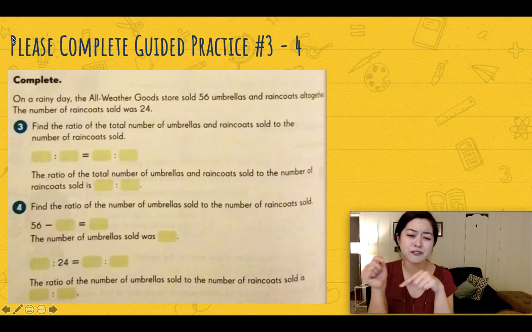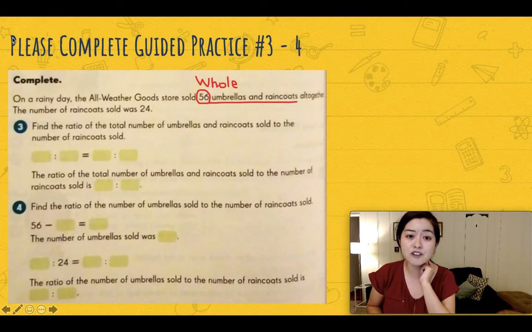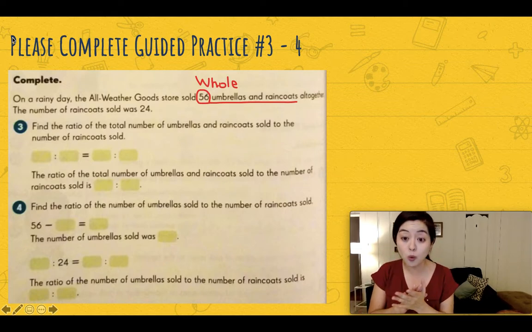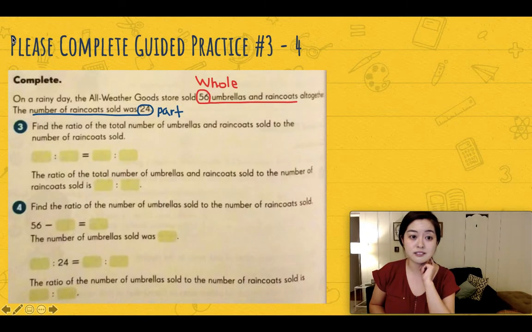But actually, when I reread the problem, it says there are 56 umbrellas and raincoats all together, okay? So that's the whole. Can you find the part in the information that's given? They tell us the number of raincoats that were sold was 24, and that is the part, okay?